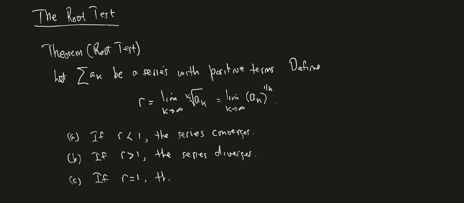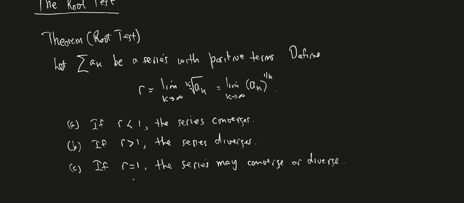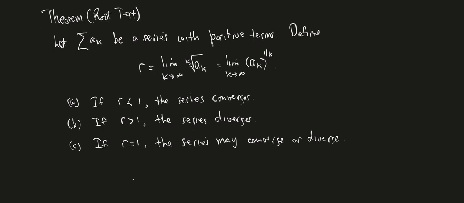So the series may converge or diverge. Basically, we gain no additional information by getting an R that's equal to 1. And whenever this happens, what do we do? We try some other test. All right, so that's the theorem for the root test.